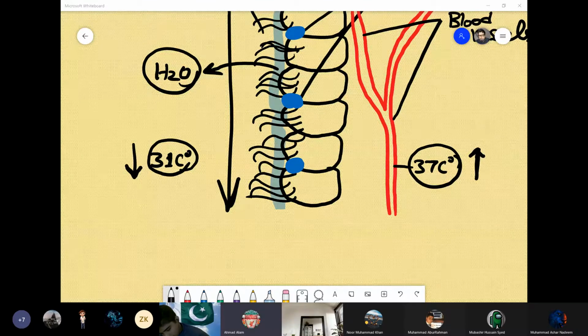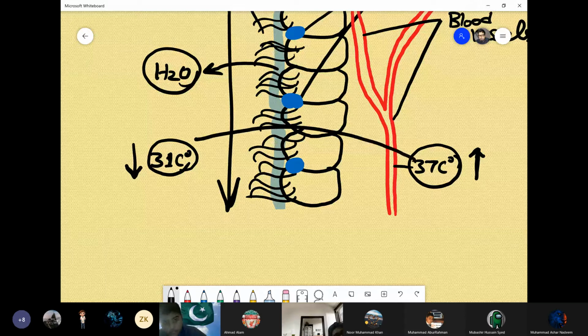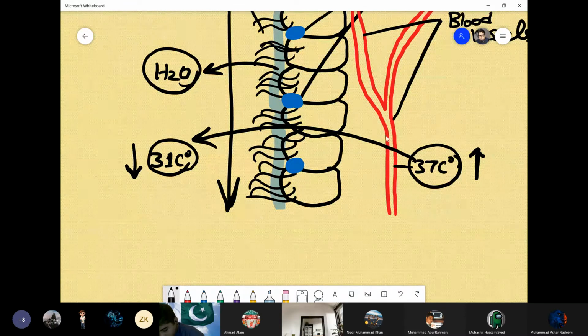All right. So what will happen in this case is that the air will become warm. How? The heat will be transferred from the warmer blood to the colder air.